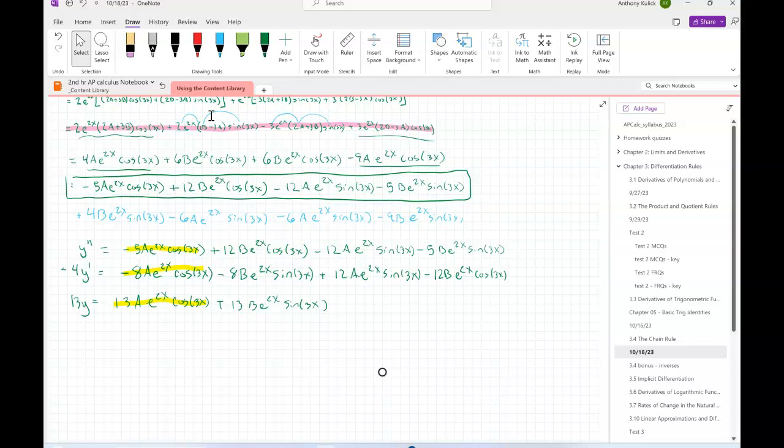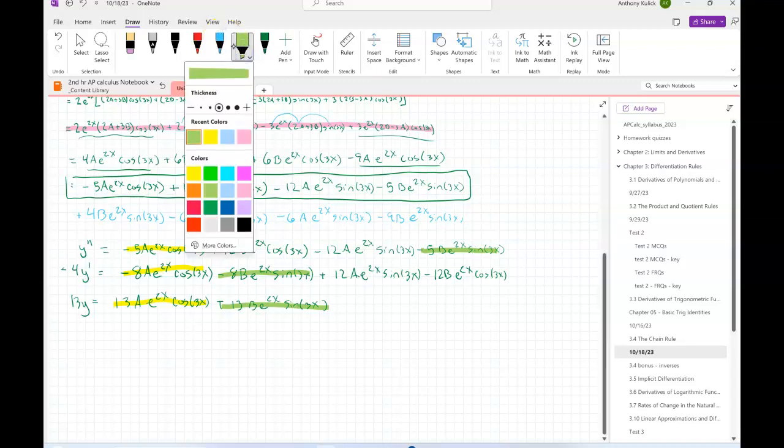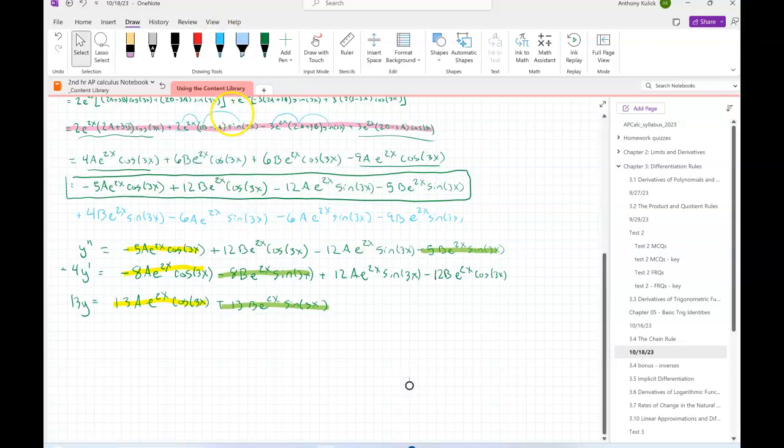And then let's see. So then I have minus 5b sine 3x, and then I have a minus 8b sine 3x, and then that 13, that cancels out and makes 0. And then I have minus 12 and plus 12.